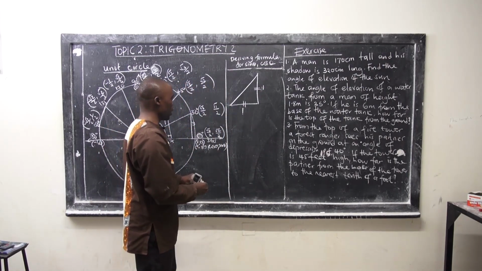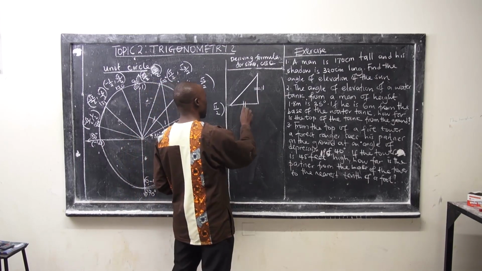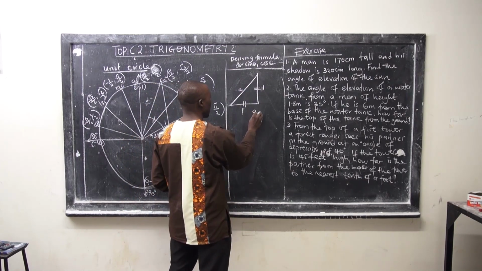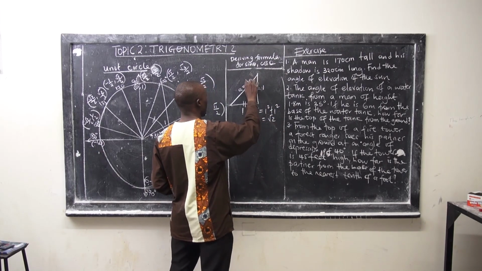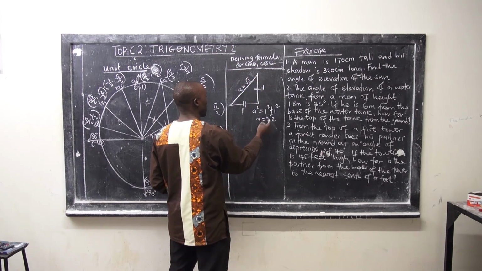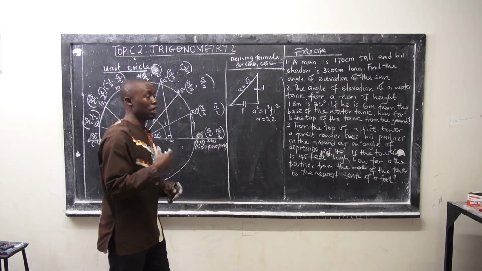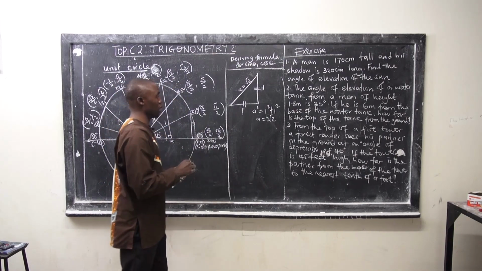So keeping in mind that this longer side, by Pythagoras, a squared would equal 1 squared plus 1 squared, and finally a would be root 2. Of course, it is plus or minus, but we are ignoring the negative to be able to move on with consistency.